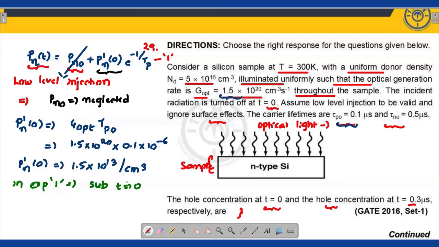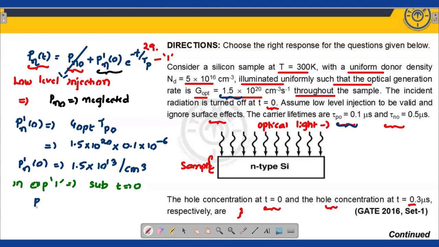See where you are getting the value. Here the t term is there. This is t. That's the reason I take t equal to 0 here. Now I am substituting here.